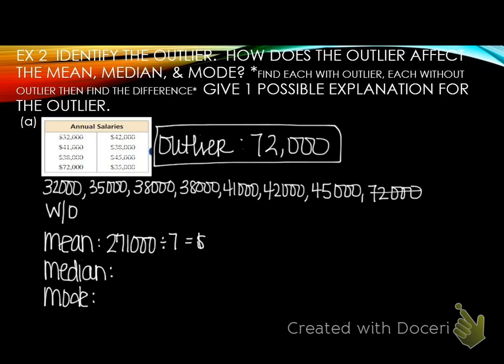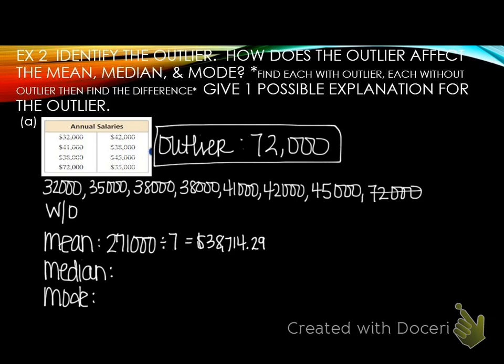So give me a money answer. $38,714.28. $38,714 and how many cents? 28. Nope. There's a 5 after the 8. That's $20. So the 8 would round to a 9. All right, very good. So there's the mean. There's the average salary.